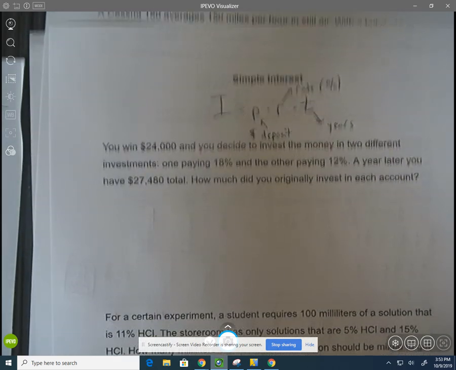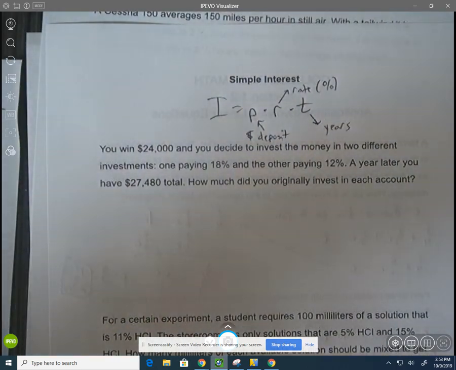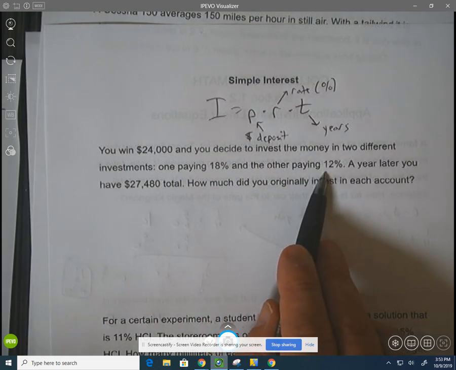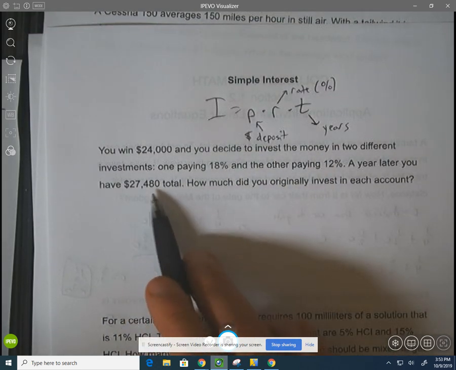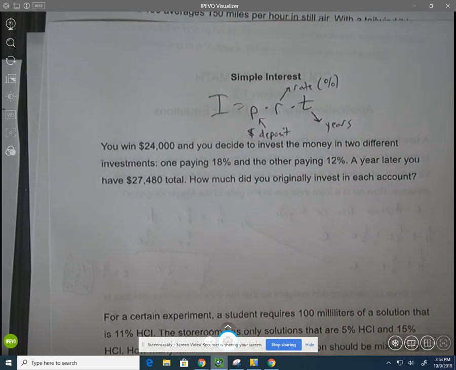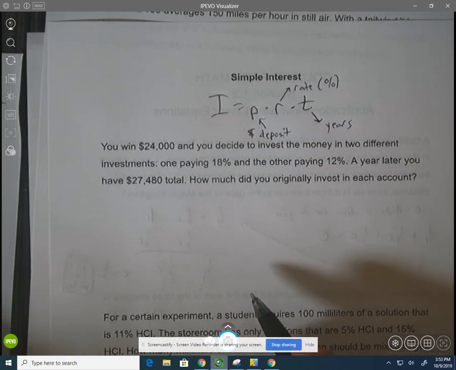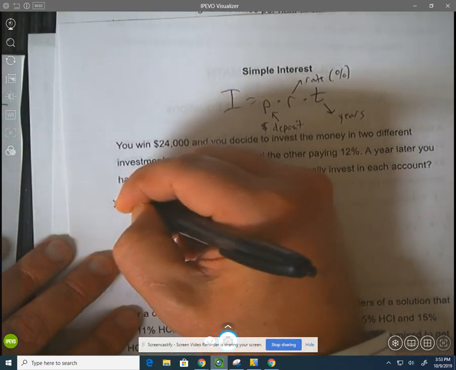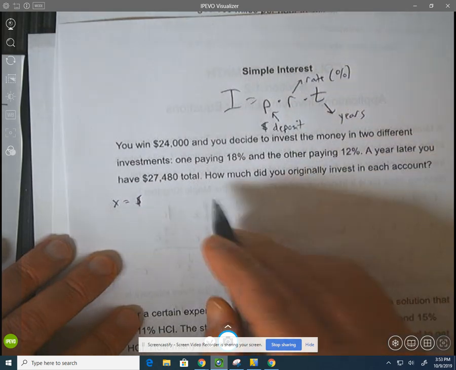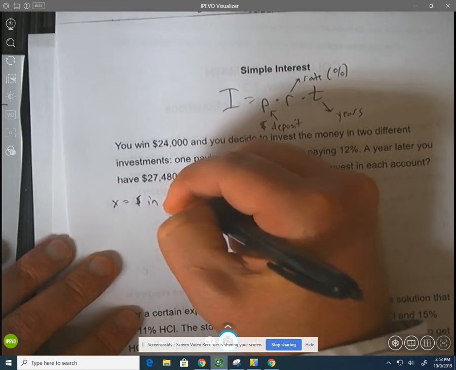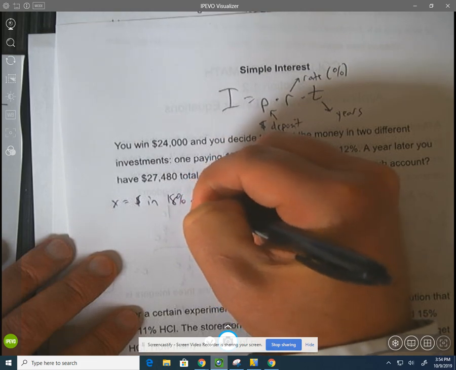So you win $24,000 and you decide to invest the money in 2 different investments, one paying 18% and the other paying 12%. A year later, you've got a total of $27,480. How much did you put in each account? So I'm going to let X be the money put in the 18% account.